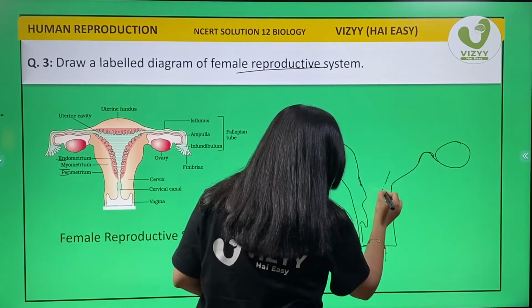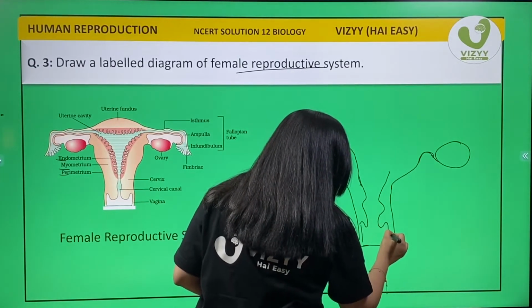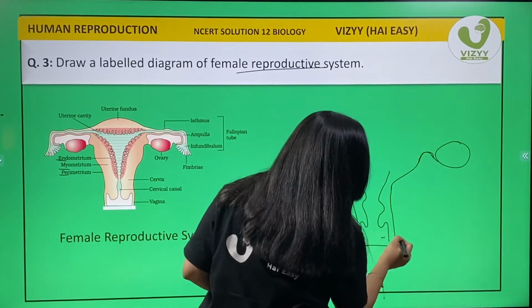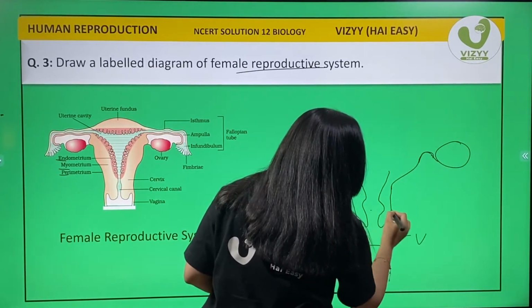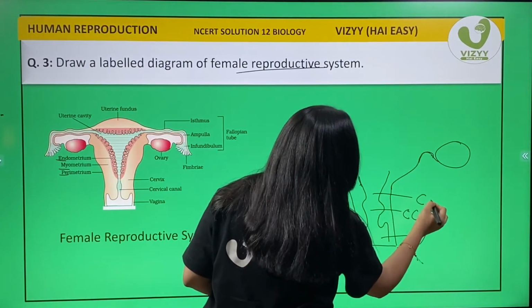Doing the same on the other side, and we are done. So this is the vagina, this is your cervical canal, this is your cervix.